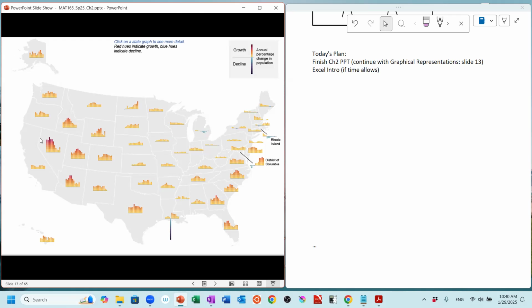Yeah, yeah. So we see there was a lot of growth in Nevada, really in the whole southwest-ish area over here, Nevada, Utah. Is that New Mexico or Arizona? I forget which one is which. But in that whole southwest area, we're seeing a lot of growth.